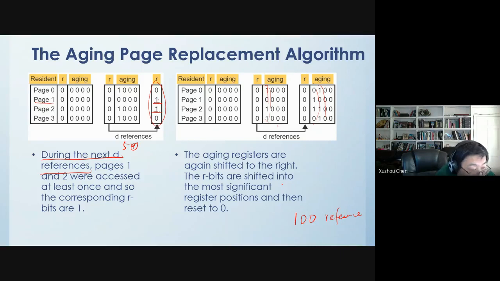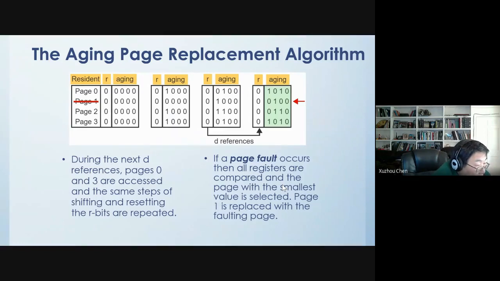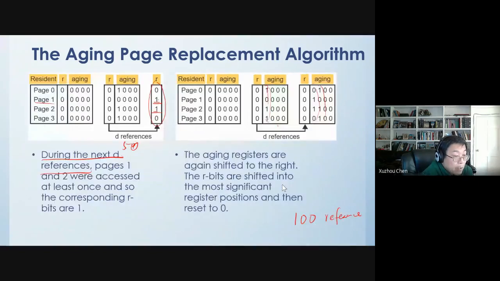Now if we continue, here we have the reference bit set to 0 after 100 references. And then the aging register looks like this.